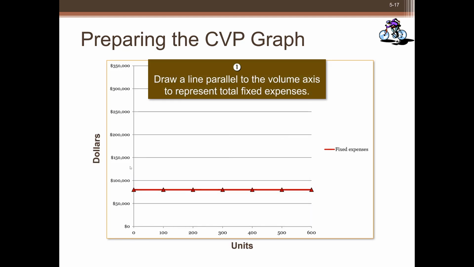We will follow steps to prepare a CVP graph. Step 1, draw a line parallel to the volume axis to represent total fixed expenses. It's here, 80,000.